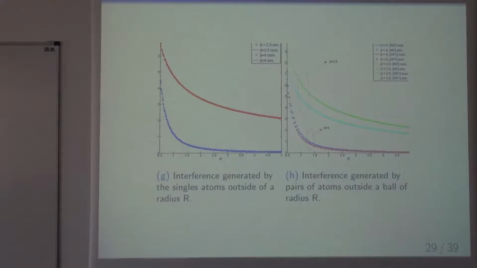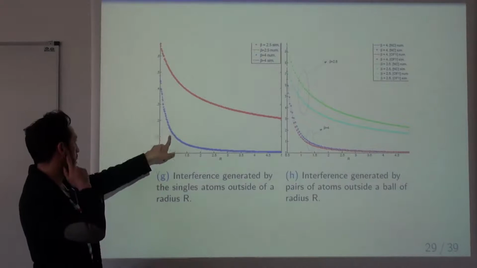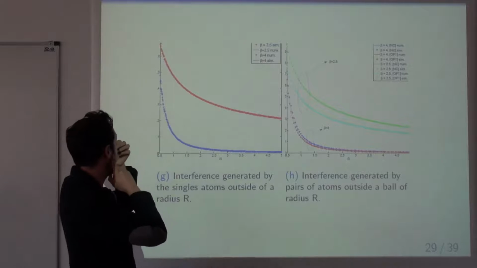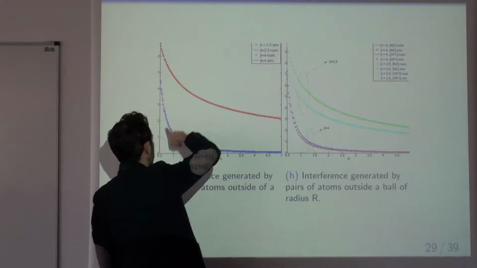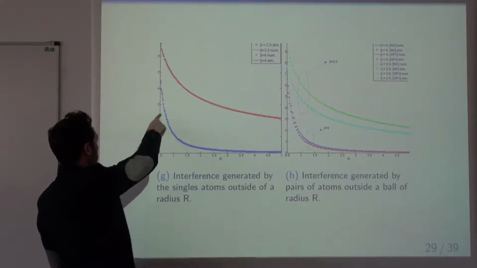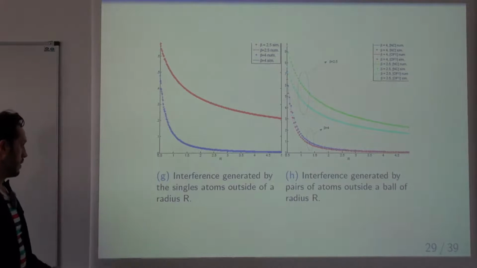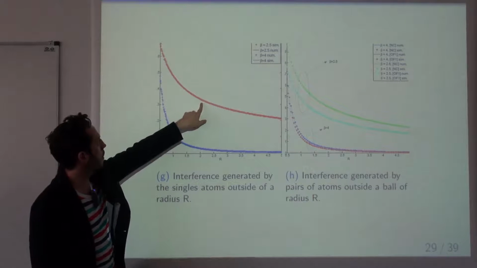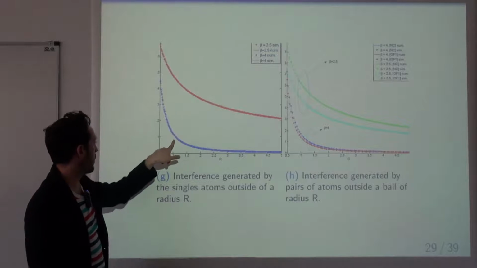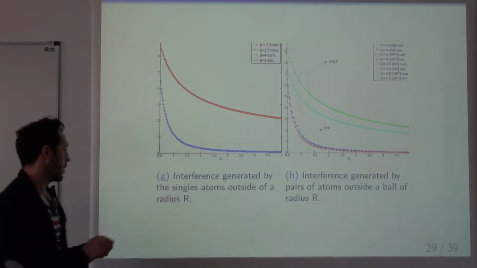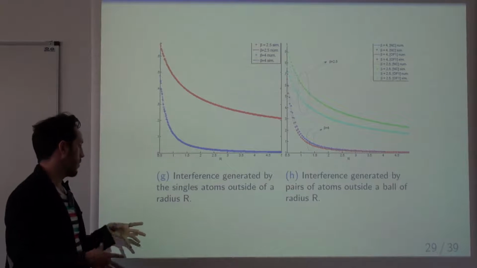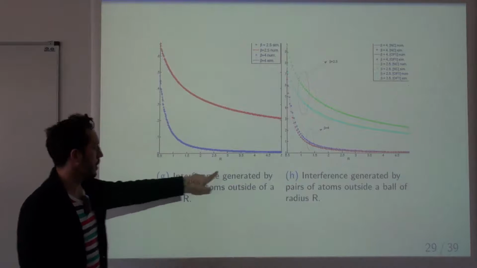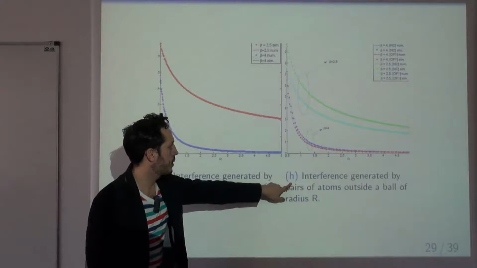We have some simulations and also analytical results. The lines there are the simulation, and the dots are the analytical evaluation, so they fit. This is for when we have a path loss exponent of 0.5. This is the interference generated outside a ball of radius r for the singles, and this for the pairs.